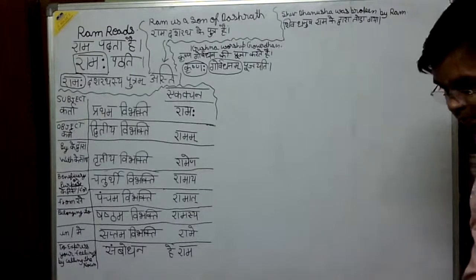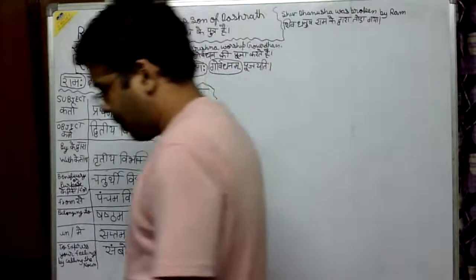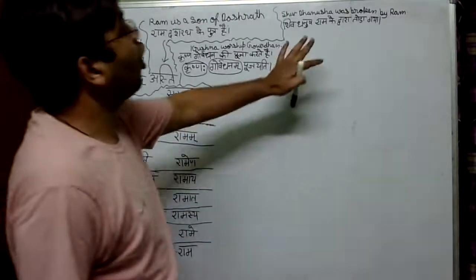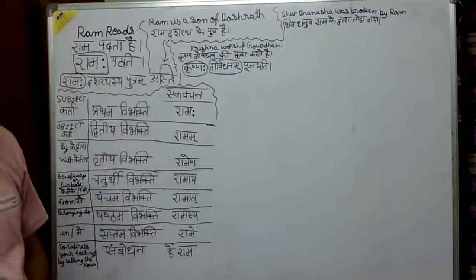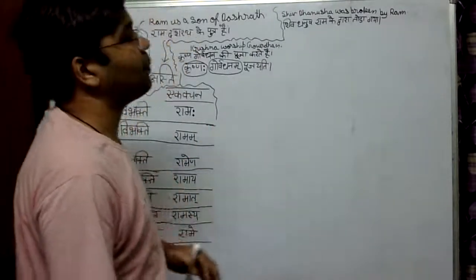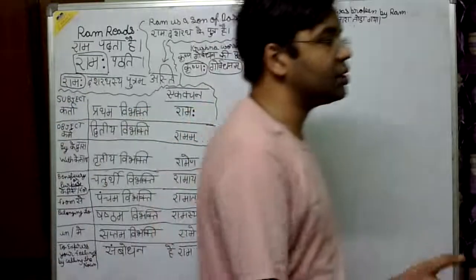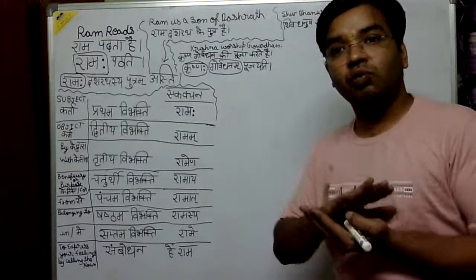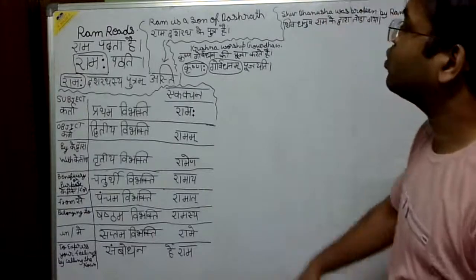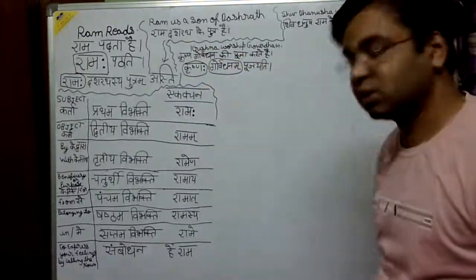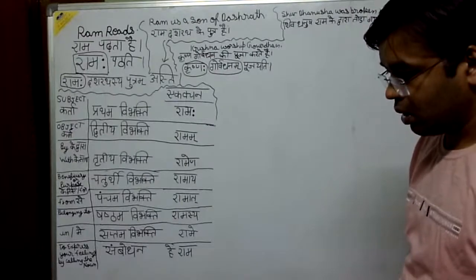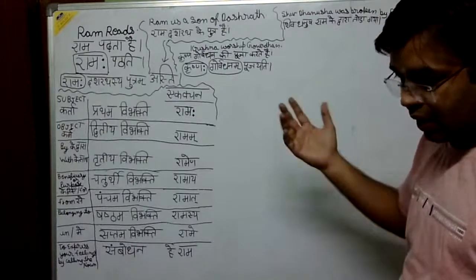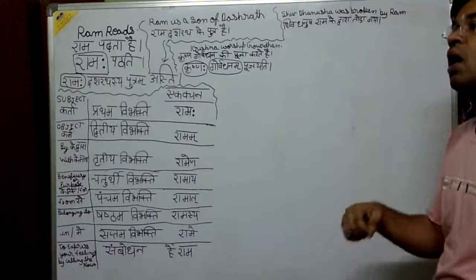In this sentence, you have no object. Actually, it's a passive voice. It is not an active voice. If it were an active voice, a simple sentence, then you would definitely have a subject and also an object.